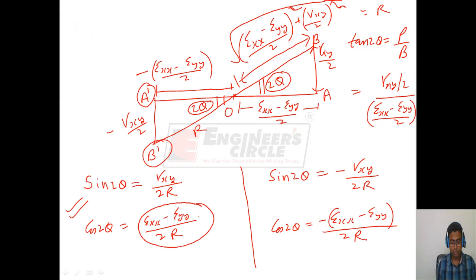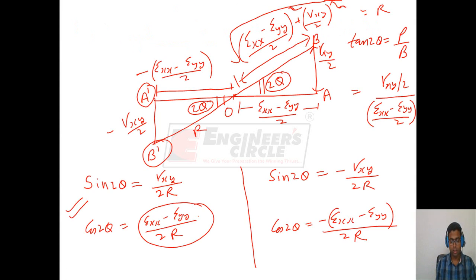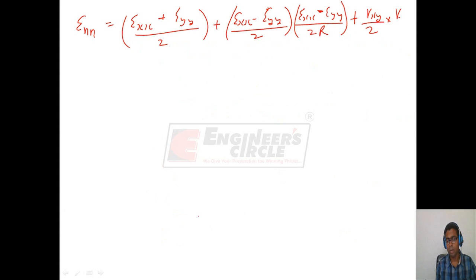Cos 2 theta is (epsilon xx minus epsilon yy) by 2r. So it is (epsilon xx minus epsilon yy) by 2r plus gamma xy by 2 into sin 2 theta, and sin 2 theta is gamma xy by 2r.